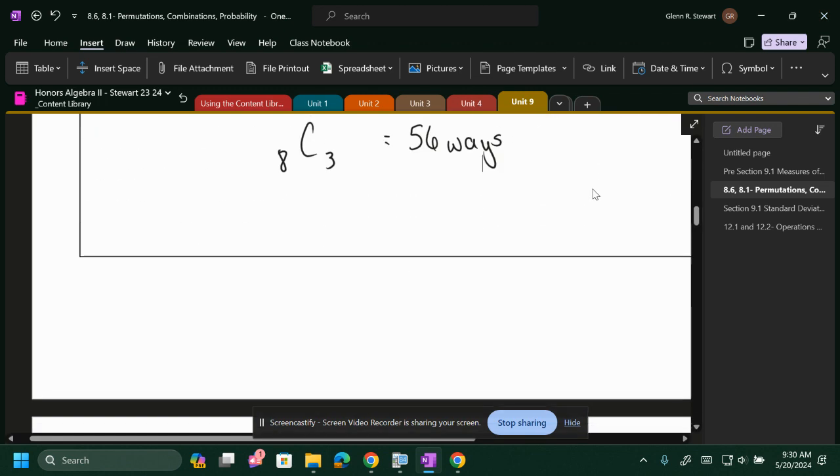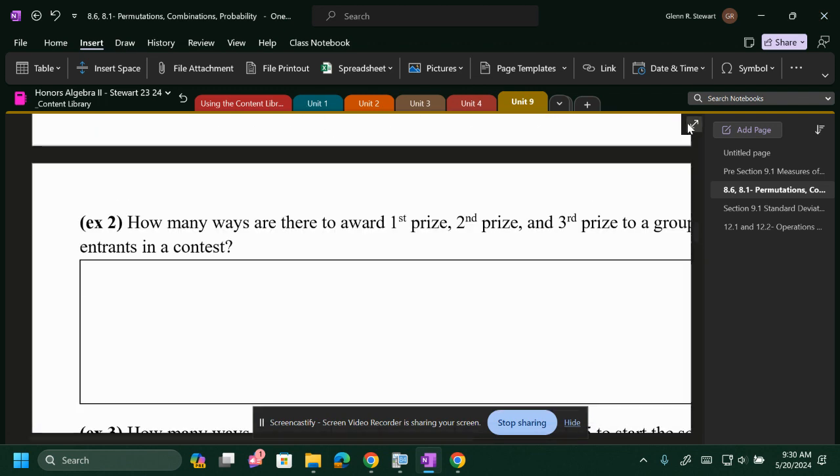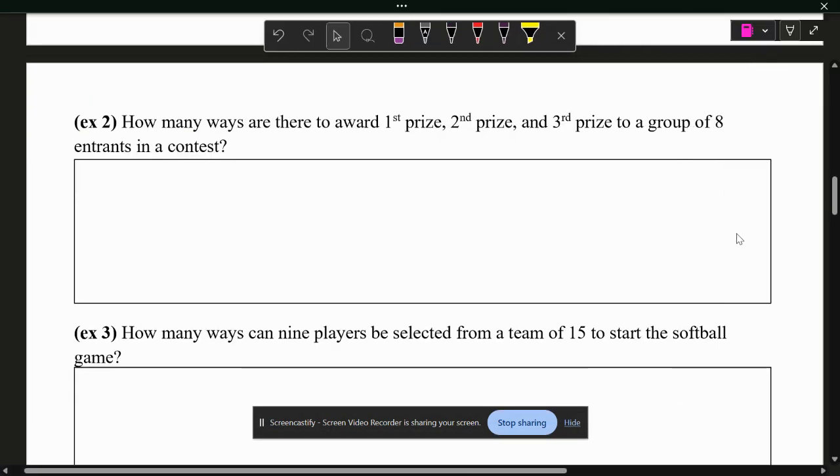All right, example number 2. How many ways are there to award first prize, second prize, and third prize to a group of 8 entrants in a contest? Combination or permutation? Permutation, order does matter.